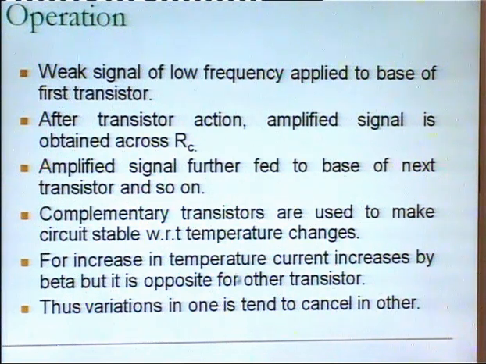As this increase in temperature is with respect to your NPN or PNP transistor, again you are using a vice versa or complementary transistor in the second stage, so this increase of current will be vice versa for the second stage, that the increase of current by the factor beta will be a decrease of current by a factor beta in your second stage. Thus, this variation is compensated due to the complementary transistors. Variations in one tend to cancel in the other, so that your stabilization is not affected, and your Q point is not varied with respect to change in temperature.